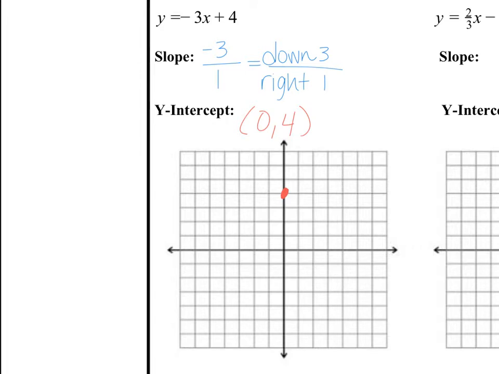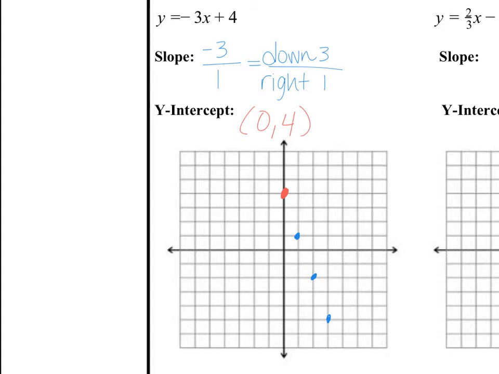So starting from the y-intercept, I need to go down 3 squares, right 1 square. And do it again. Down 3, right 1. Keep going as far as you can. But a line goes forever in both directions, so you need to go back to the y-intercept and reverse it.